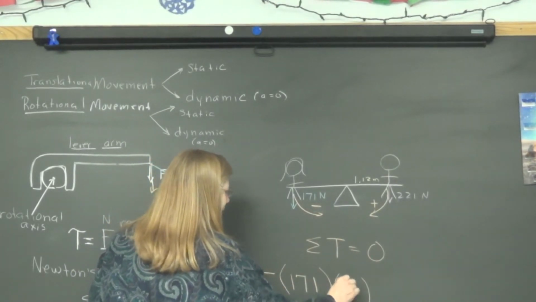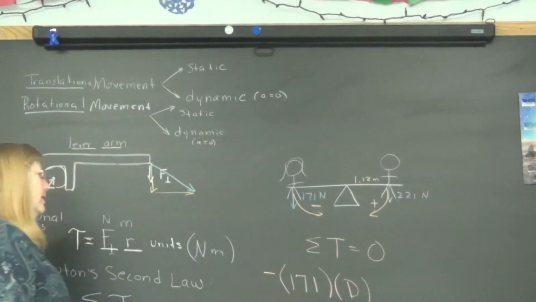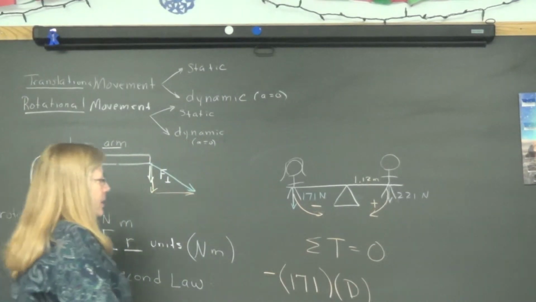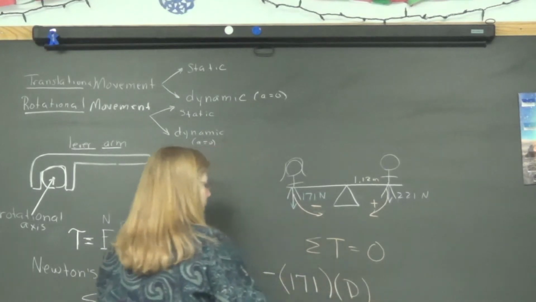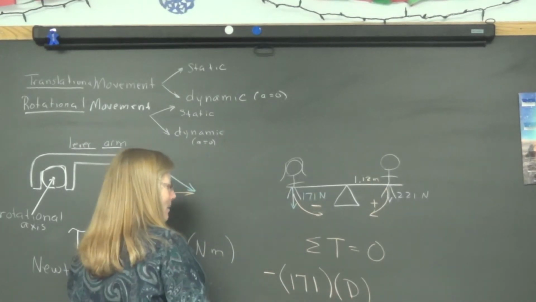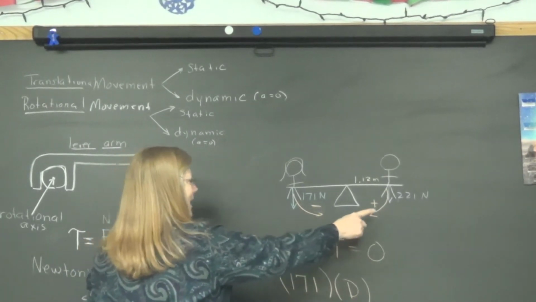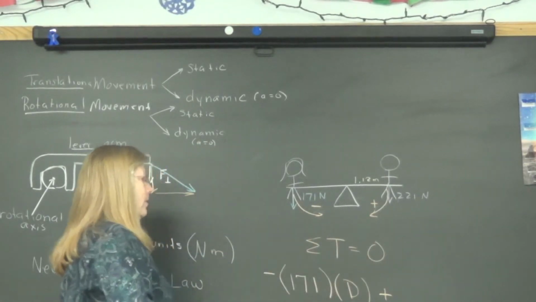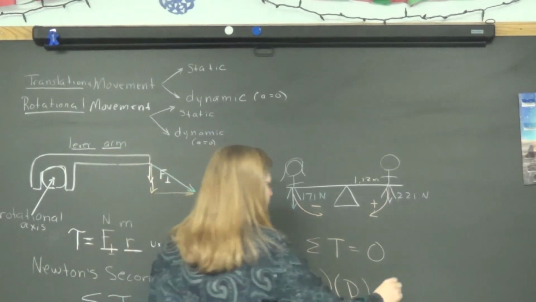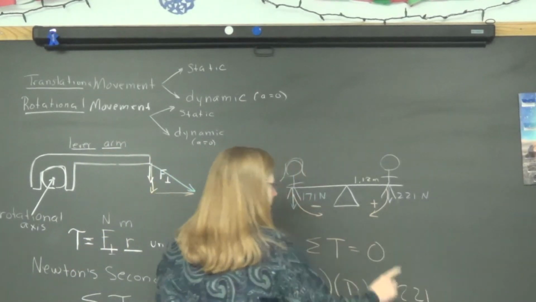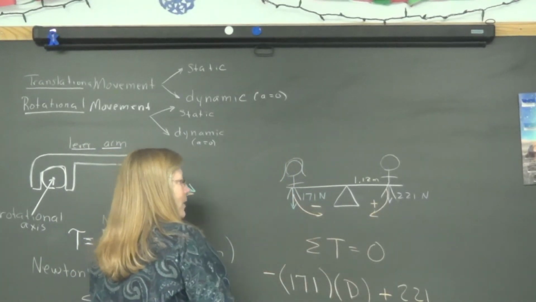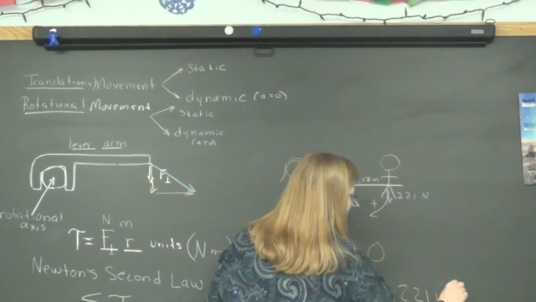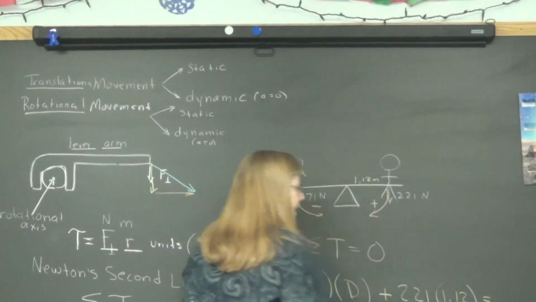We don't know this distance, so I call it D. You call it X, whatever your favorite variable is. So minus, then we have a positive torque. Remember, the formula says to add up all the torques. And we have 221, force, times distance 1.12. And what will it equal?